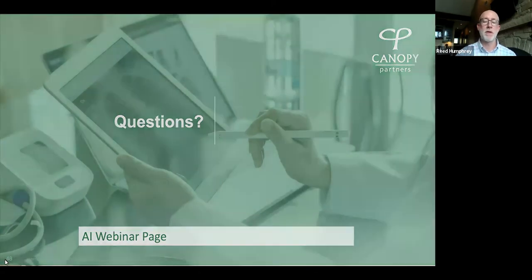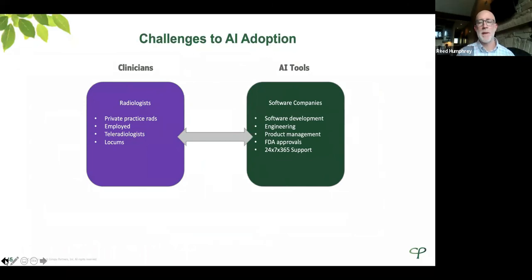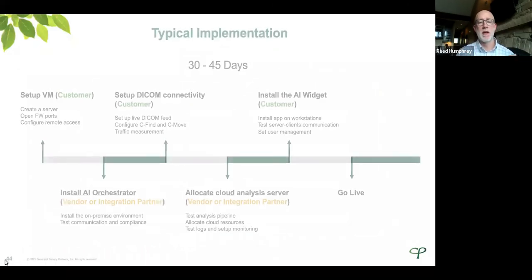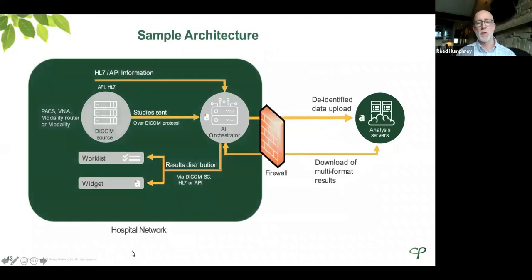While typically AI is running in the cloud, what's happening is it's coming off your modality, going into your EMR, going into your PACS and your systems internally, and everything's staying inside the firewall of the hospital or the imaging center. The only thing that's leaving is the image in a de-identified format. So there's no patient information being passed with that. And then when it comes back in, as we said, it's being re-identified.